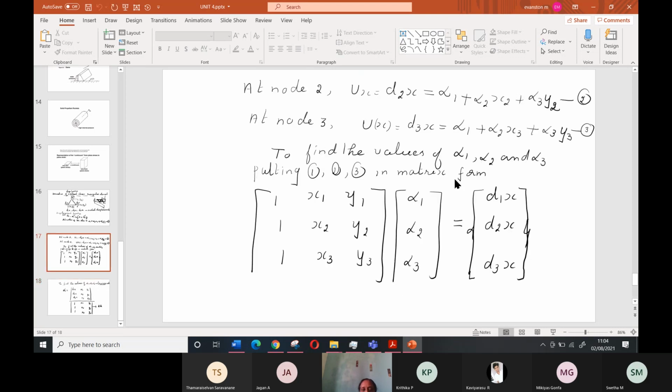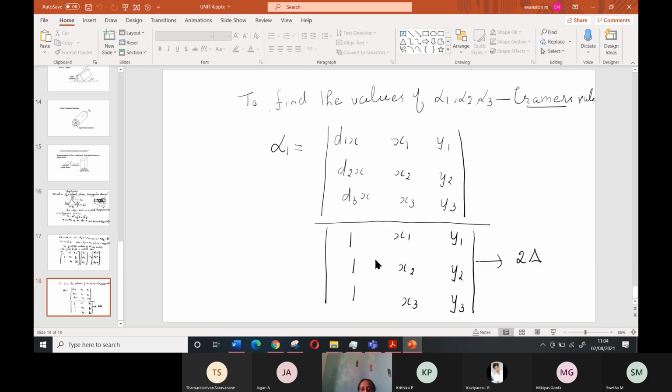So if I want to find the value of alpha 1, then the first column should be replaced with d1x, d2x and d3x. If I want to find alpha 2, then the second column should be replaced with d1x, d2x and d3x. If I want to find alpha 3, then the last, third column should be replaced with d1x, d2x, d3x.